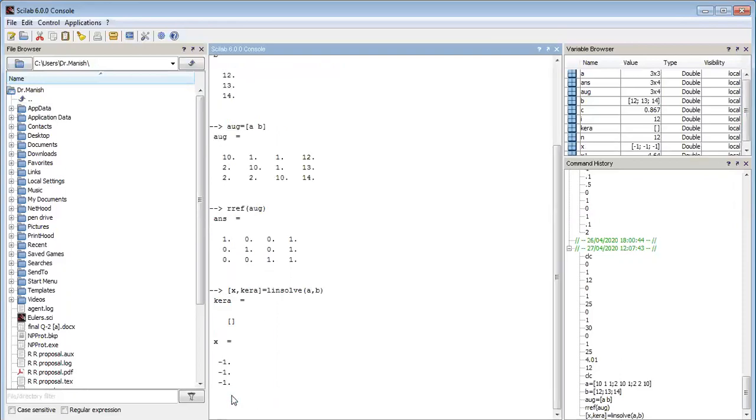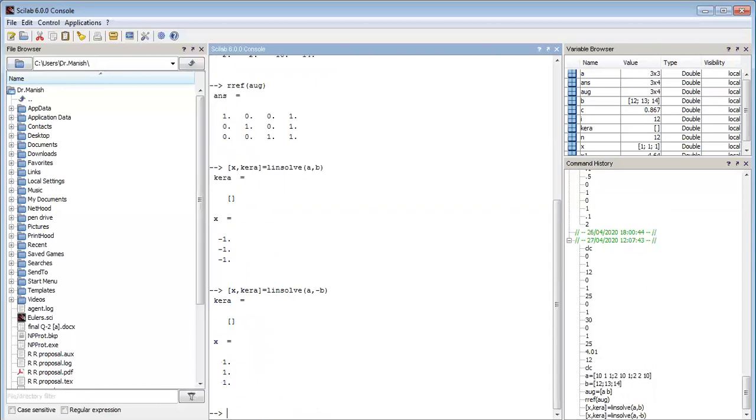So you just see that. If I take this equation in the form of Ax is equal to b, then I must take minus b. So I just take the same command with a negative sign here, because we write the linear system of equations in the form of Ax minus b equal to 0. Once I take Ax minus b, you can see that it has a unique solution.